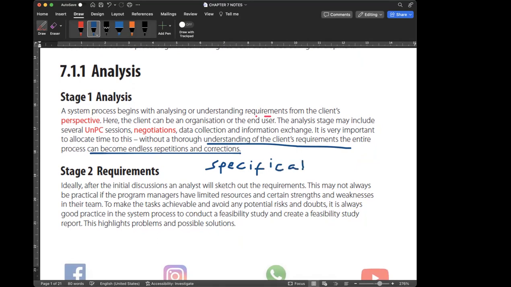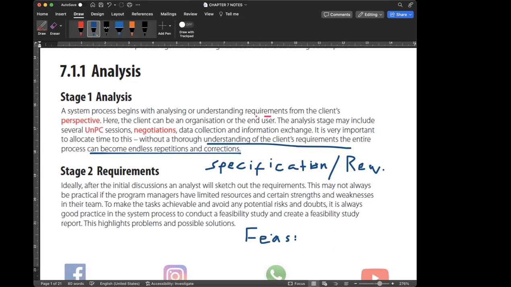Is that okay or not okay? It's okay. Specification, or you can say program requirement. I'm just writing REQ for requirement. After collecting all this data, we are going to produce a report, and that report is called a feasibility report.